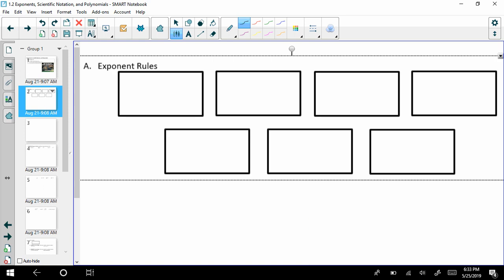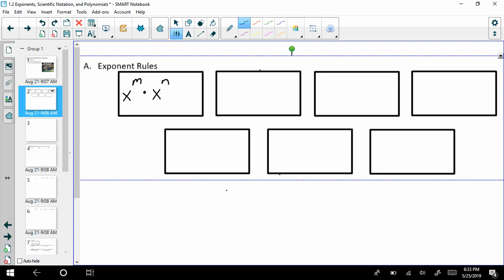Throughout this course, when we work with exponents, we may need to combine things that have exponents in them, so there are a couple of properties we need to be aware of. The first one says, let's say I have x raised to some power times another x raised to a different power.